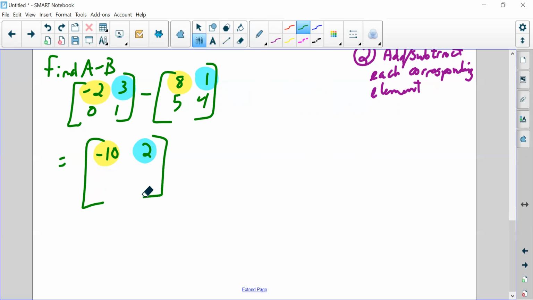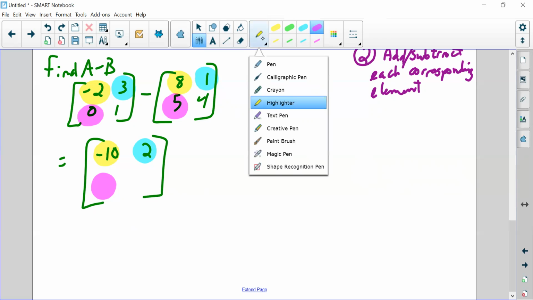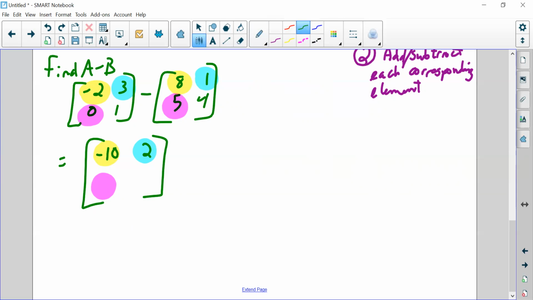Okay, so now I've done all the first row, so I move down to my second row. I'm going to take my second row, first entry, subtract my second row, first entry here, and that's going to give me my second row, first entry in my answer matrix. So what do I get there? What was that? -5.